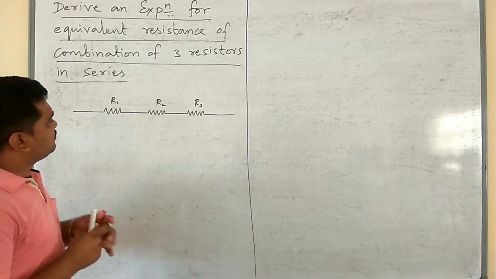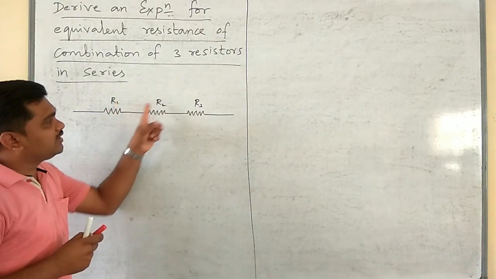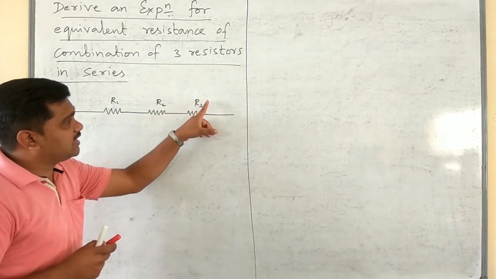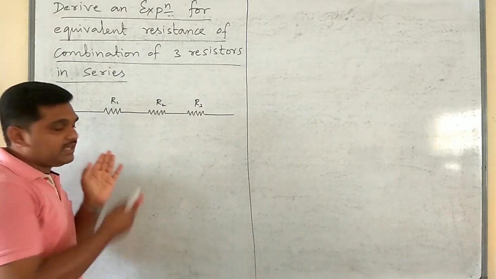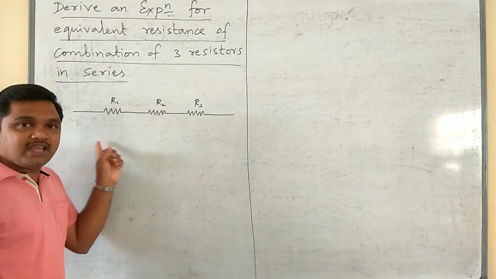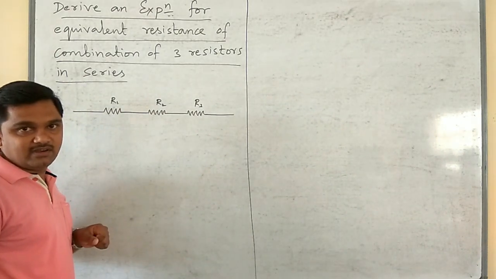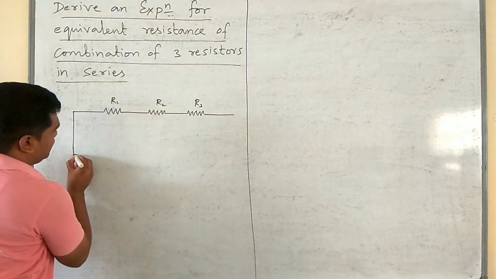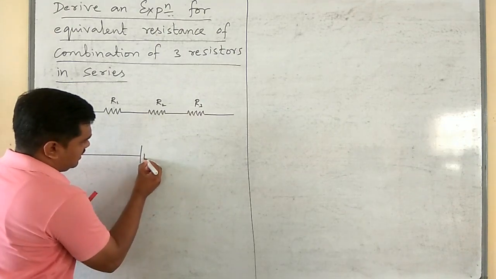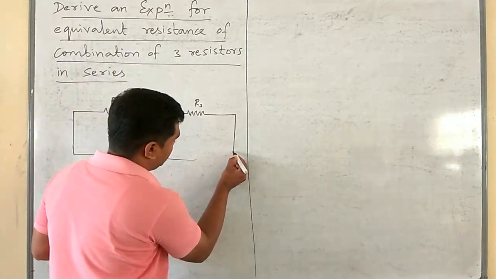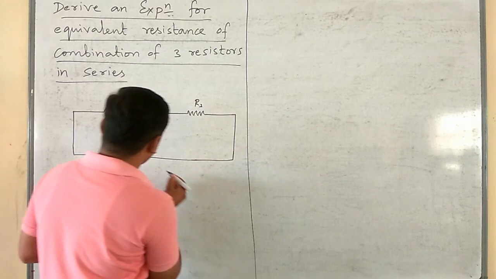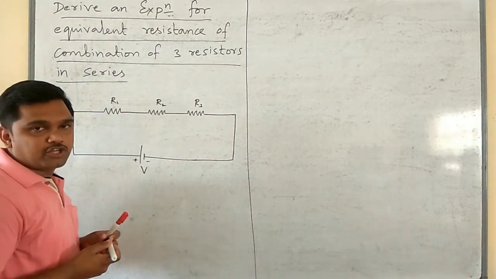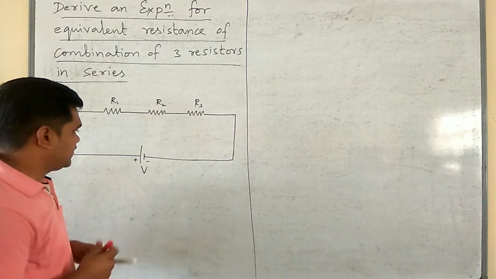Since one end of R1 is connected to only one end of R2 and the other end of R2 is connected to only one end of R3, this arrangement is said to be end-to-end arrangement. Now I will connect this to the source of potential difference, usually a cell or battery. This is positive, this is negative. It offers a potential difference of V volts, for example.